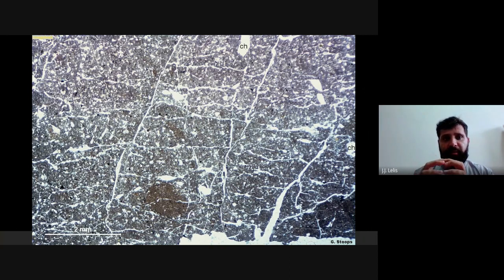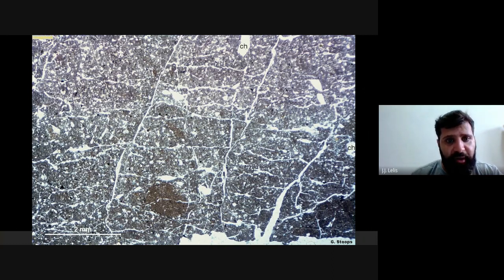So in a specific season, this horizon was very moist, it possessed a lot of water, and in another season it gets dry. So getting moist and dry during the year, and this variation of moisture produces some vertical and horizontal cracks, some planar voids. Okay.